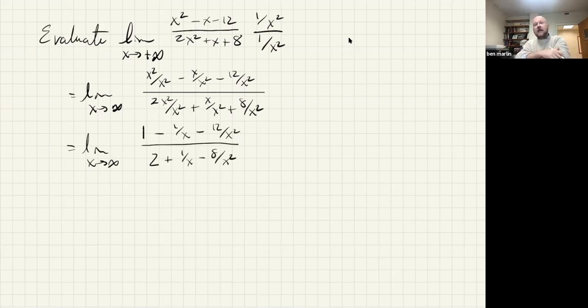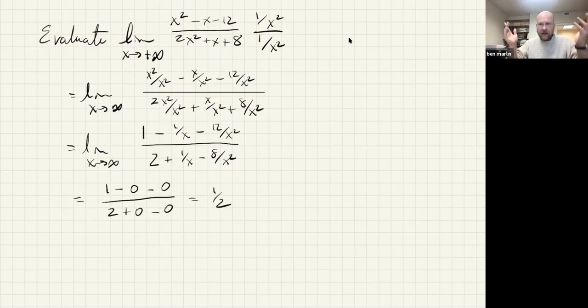Now, the reason that you want to do that is we just got through giving this principle that 1 over x goes to 0 as x goes to infinity. So that means we can just evaluate 1 minus 0 divided by 2 plus 0 minus 0. Bam, there's your limit, okay?